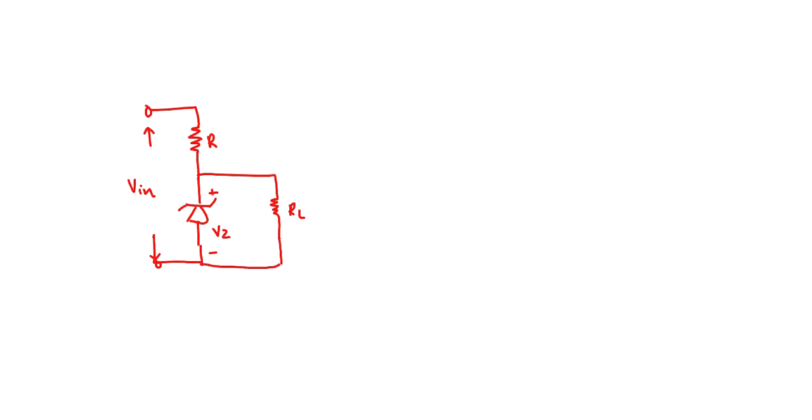Let's say you have a resistance R, and then let's say you put up a zener diode here, and here is your input voltage V in, which is your unregulated voltage supply, and across the zener you have a voltage drop VZ, and here you have connected your load RL right here, and across which the output VL or V out is your regulated voltage.